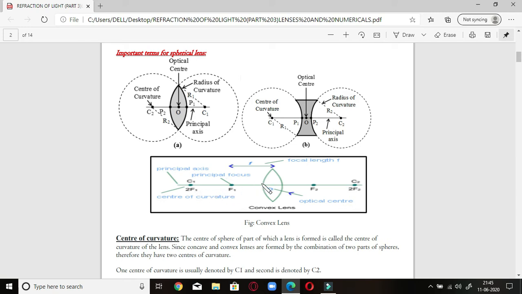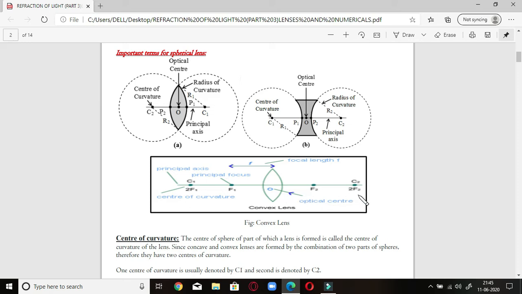On the left-hand side there is one focus, F1, which is the principal focus, and 2F1 is double the distance of the principal focus, whereas on the right-hand side of the optical center are F2 and 2F2. This F2 is the second focus, which is on the right-hand side, okay, and 2F2 is double that distance.